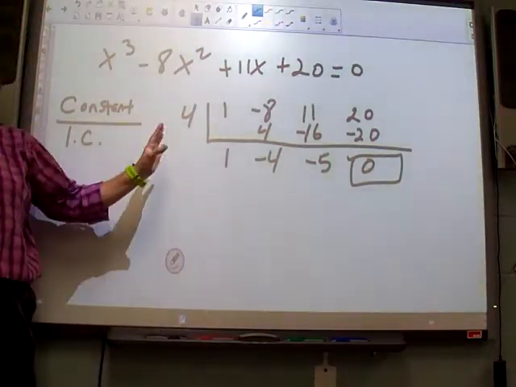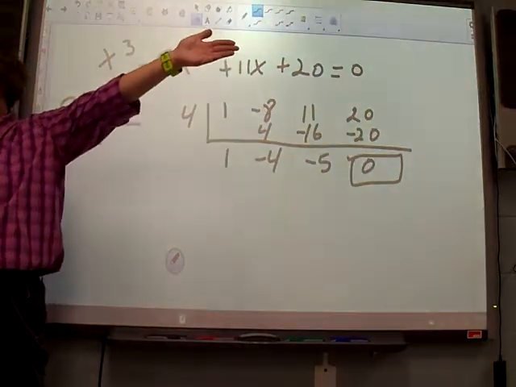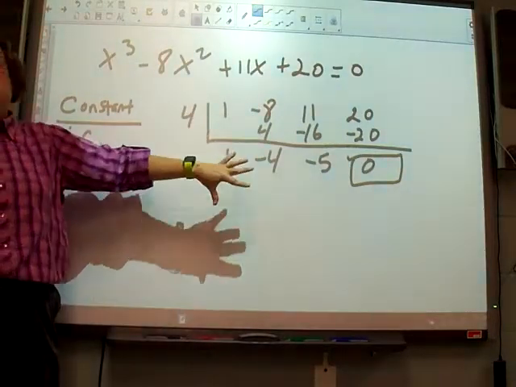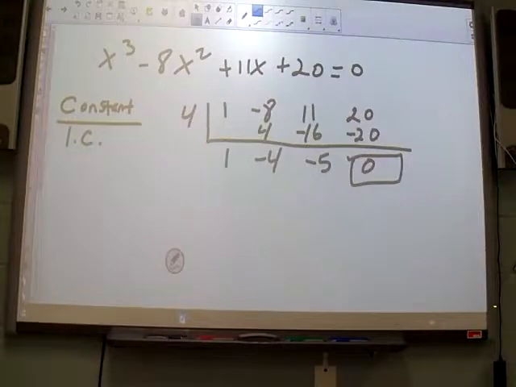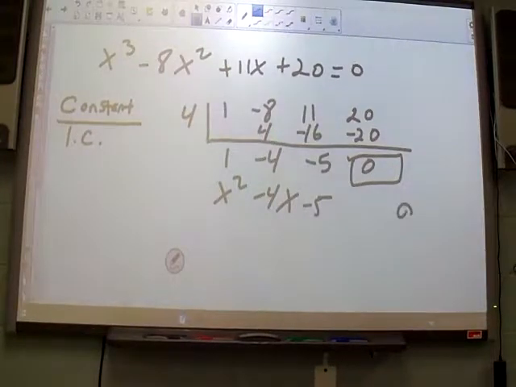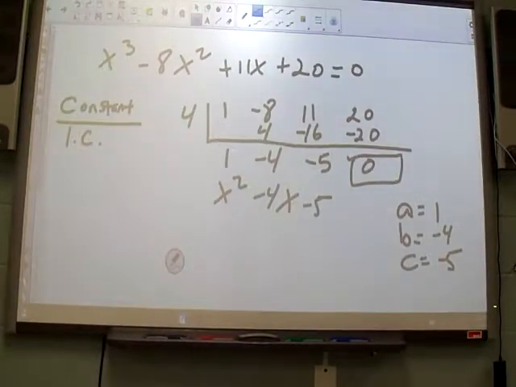We could keep doing guess and check, but I would go to something I know for sure now. So this is an x squared minus 4x minus 5. My a is 1, my b is negative 4, and my c is negative 5.